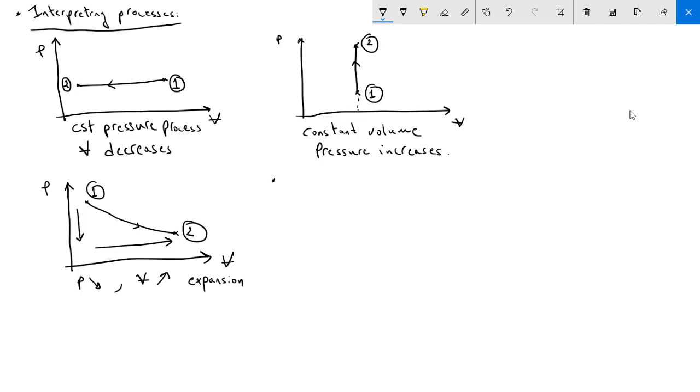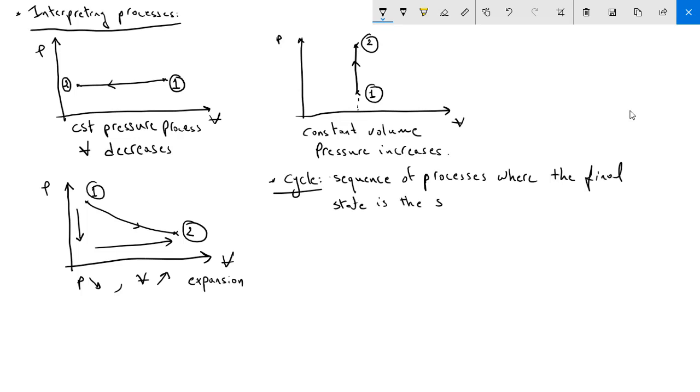Now we'll move to the definition of a thermodynamic cycle. A thermodynamic cycle is a sequence of processes where the final state is the same as the initial state.